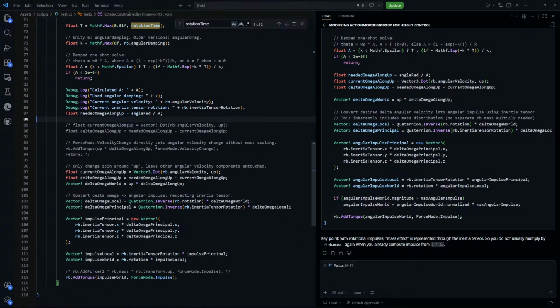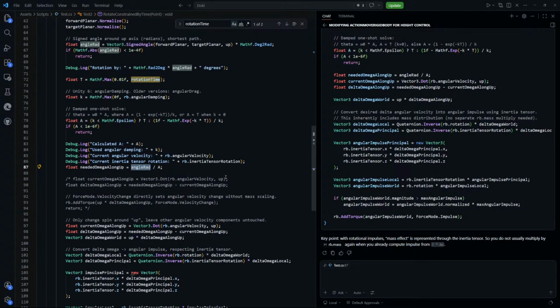So we divide angle rad by 1. Then we take the center into account, but the center is 0, 0, 0, so this shouldn't do much. So pretty much what we're left with is an impulse that is just radians. Which honestly doesn't make that much sense.